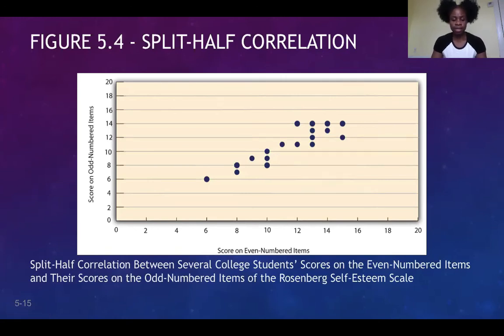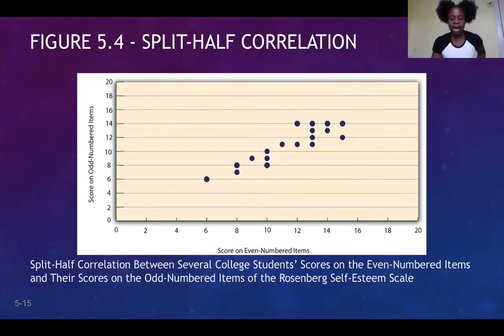So again here, this figure is showing a split half correlation between several college student scores on the even numbered items and their scores on the odd numbered items of the Rosenberg self-esteem scale. Here, Pearson's r for these data was positive 0.88, okay?